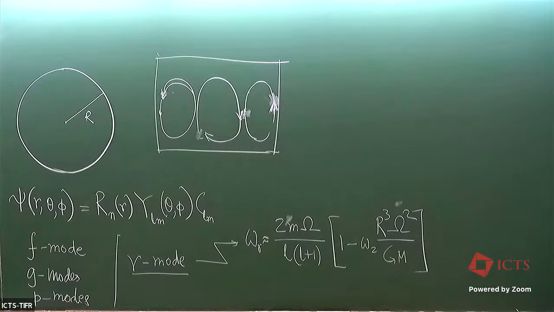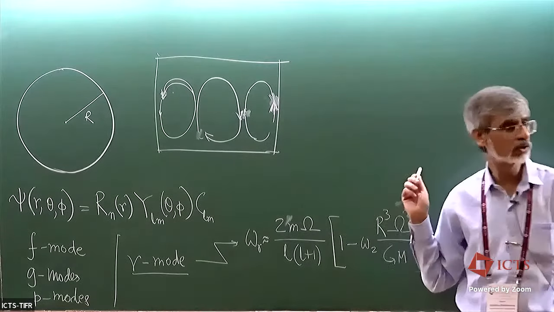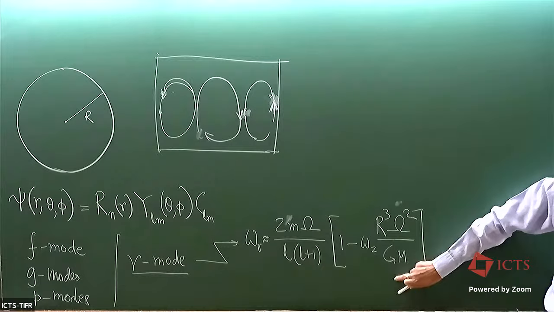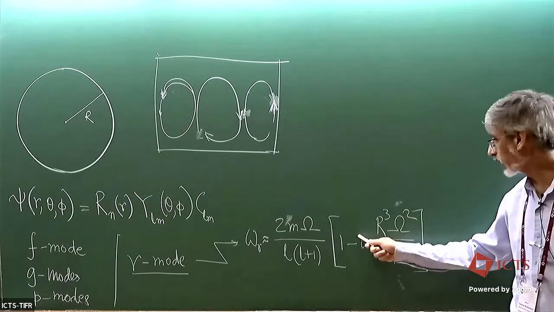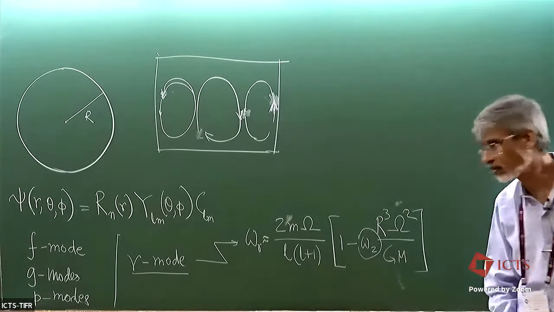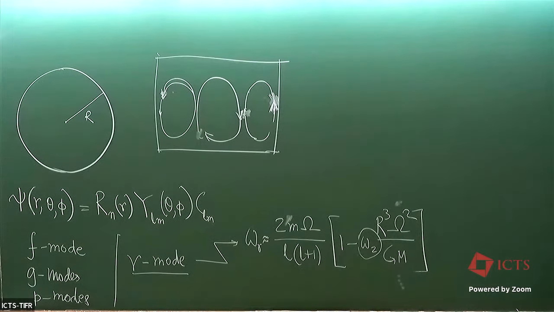So if one can analyze the R mode frequency well and compare it with omega, then one should be able to find a constraint on the equation of state from this. Omega 2 is a number which depends on the density profile, in fact.